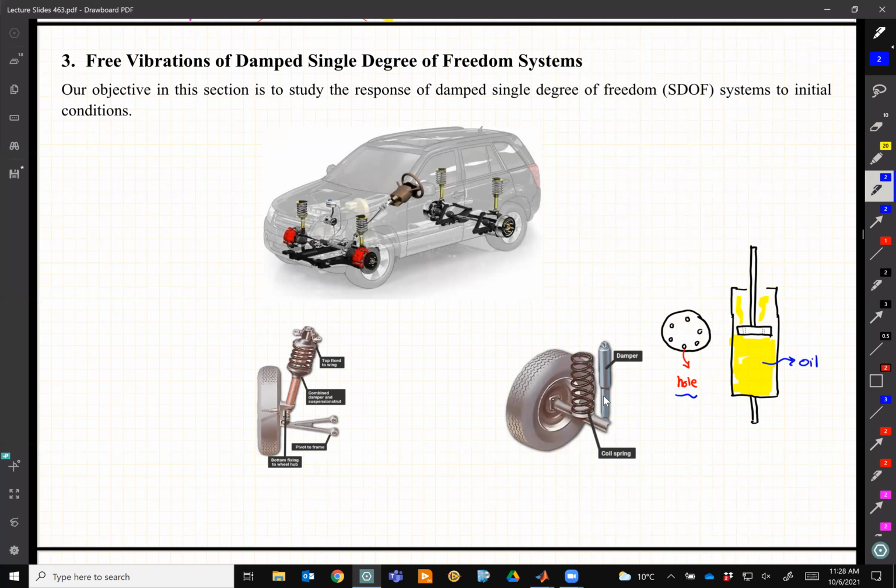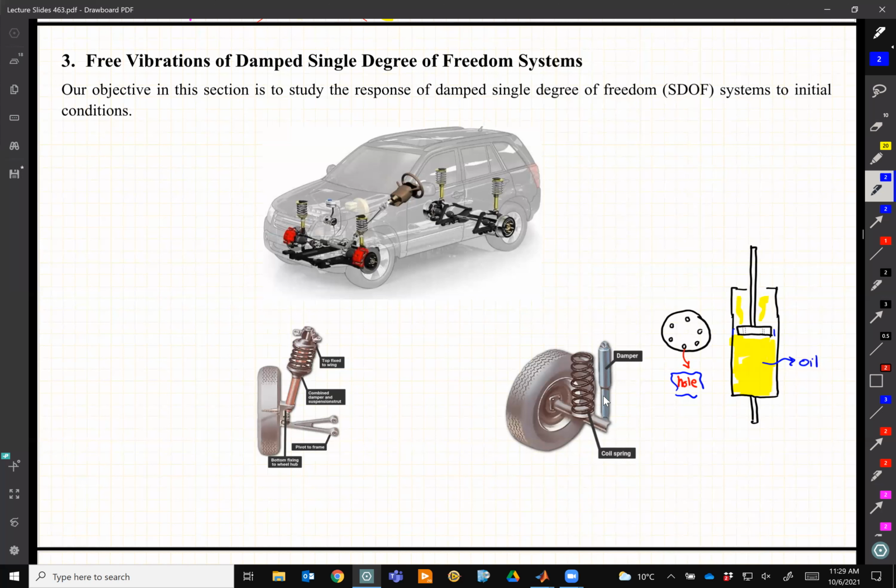Of course, it involves more details. For example, maybe O-rings on the side and other details, but that's the whole story. People can control how stiff, or strong, a damping is by just controlling the size of these holes. So you can visualize that if the diameter of these holes is 0, the damping is almost infinity.